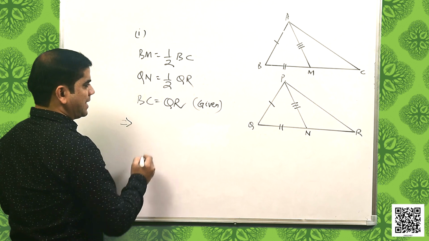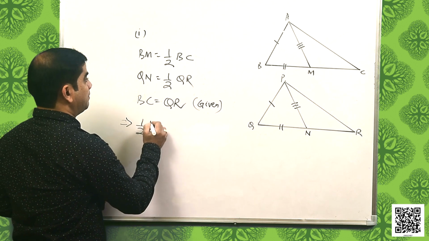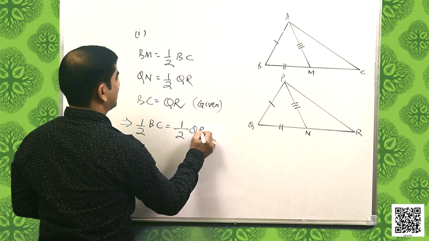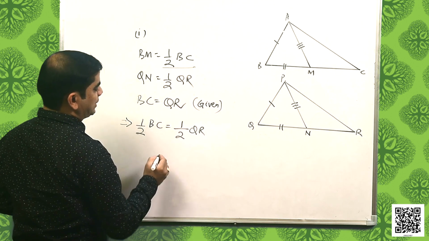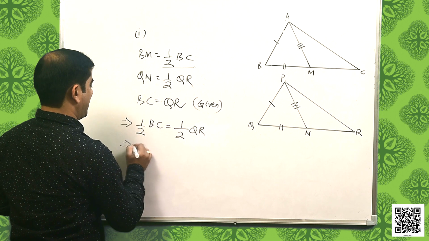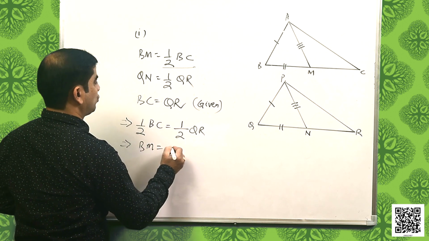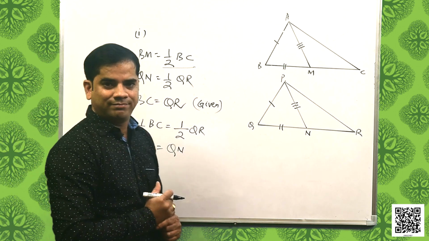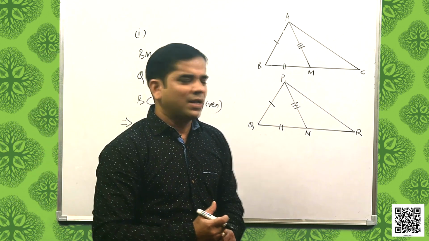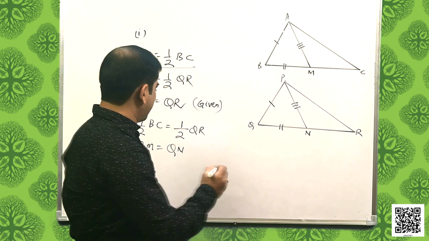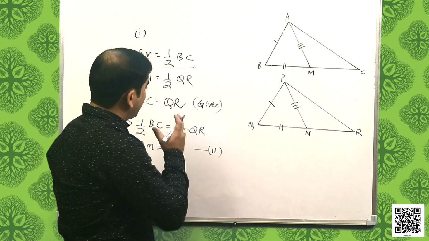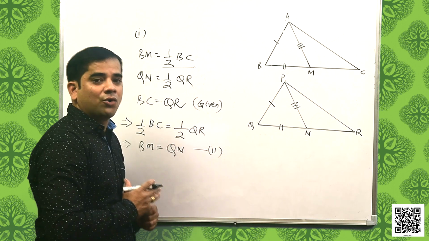So we have found out half BC is equal to BM. That implies BM is equal to QN, because half QR is your QN, isn't it? Now let us mark this as equation 2. And now we are going to prove the congruency part.